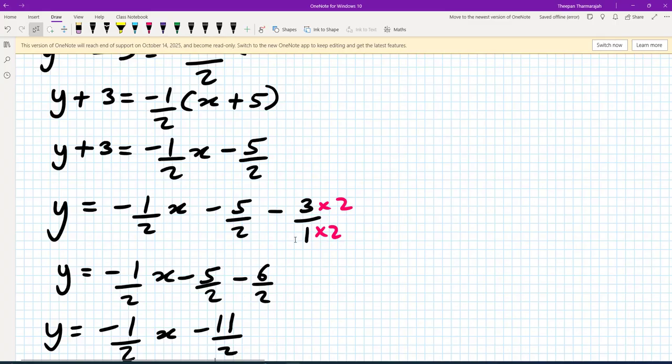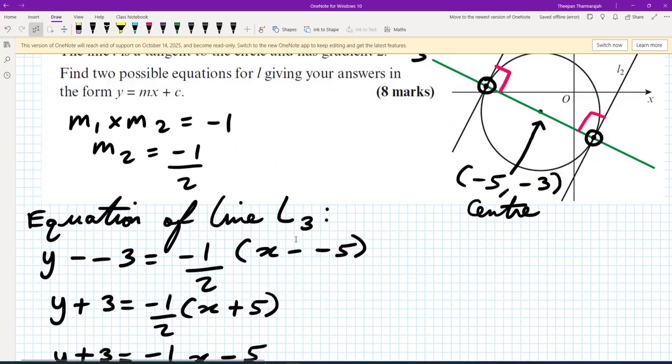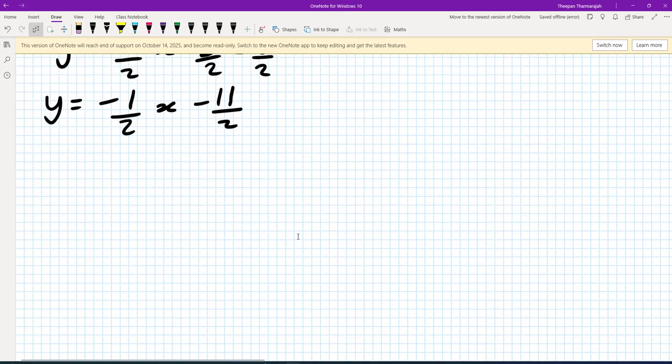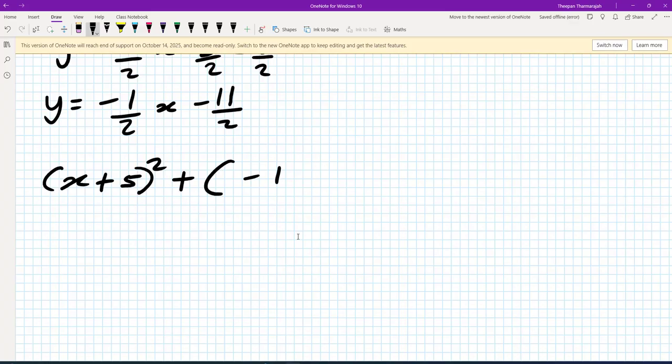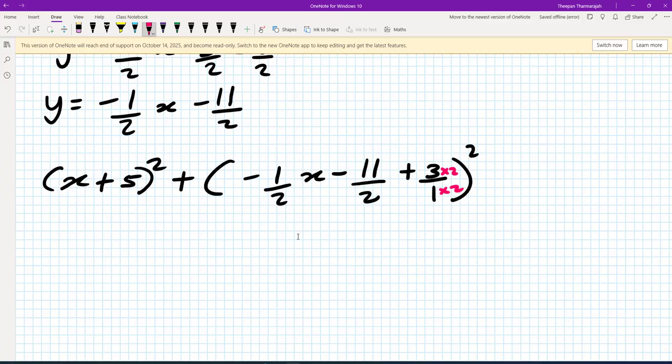So then what we can do is substitute this into the equation of the circle. So x plus 5 all squared plus y, in our case minus a half x minus 11 over 2 plus 3, in our case 3 over 1, and we're going to square this, so times by 2 there. So expand this out in this next line.